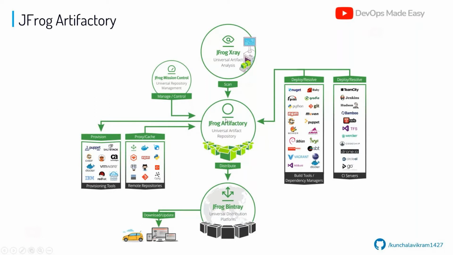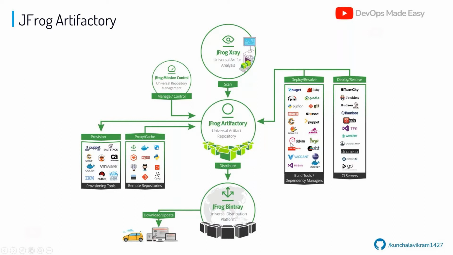This JFrog Artifactory also stores all these repositories: Maven, Helm, Docker, npm, Python, etc. It also has other products like Bintray and Mission Control, but we do not concentrate on them. So JFrog Artifactory is similar to Nexus repository.